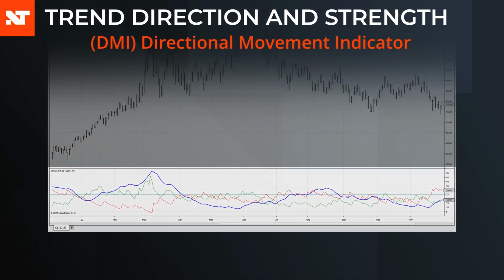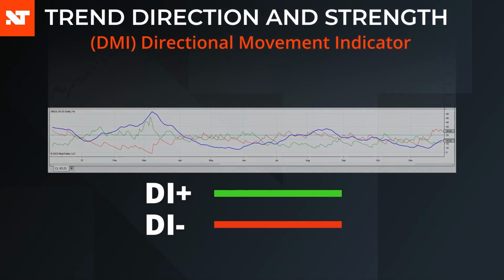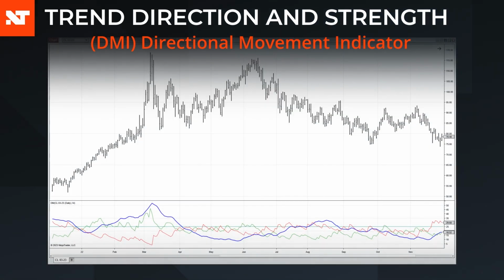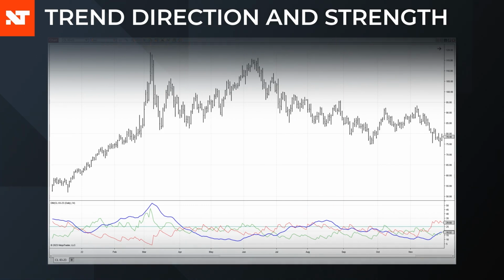This results in 2 lines, the DI plus and DI minus lines, usually shown as green and red lines. The interpretation is such that if the DI plus line is greater than the DI minus line, the trend is bullish. A bearish trend is indicated by the DI minus line being above the DI plus line. When the two lines cross, a trend change could be in play.